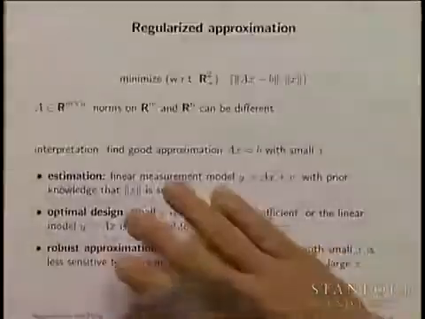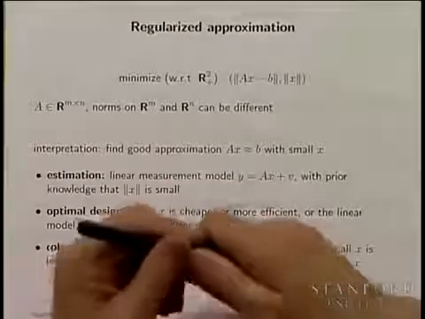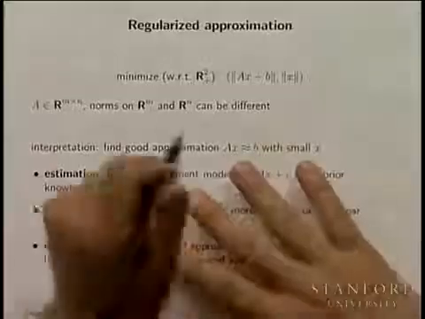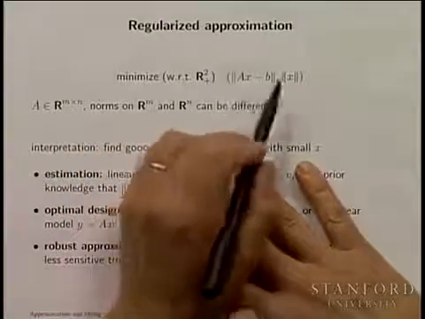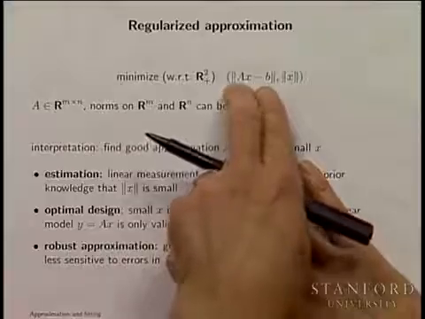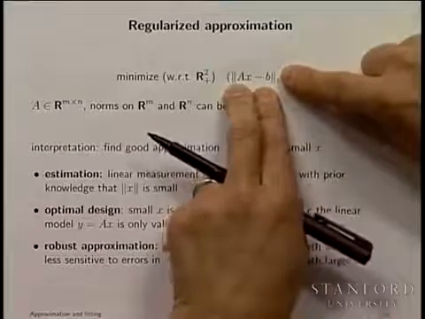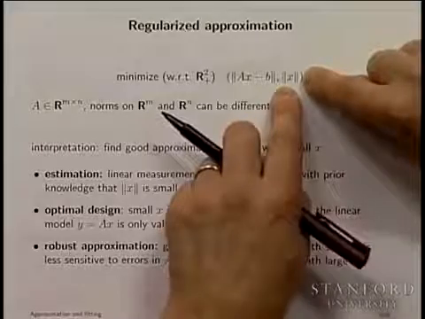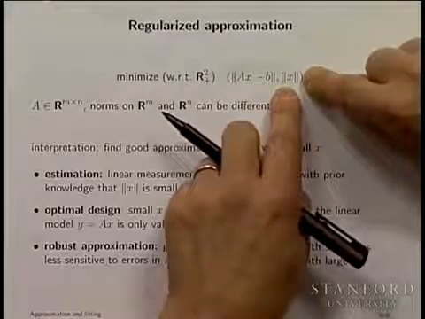Okay, let's look at regularized approximation. The basic idea in regularization, the most basic one, and we'll see extensions of it in a minute, the most common use of regularization is this: you want to fit something or minimize some norm, Ax minus b, but at the same time you want x to be small. And this comes up in all sorts of things.